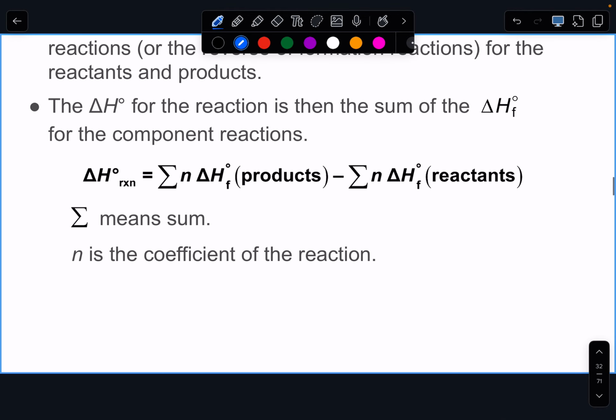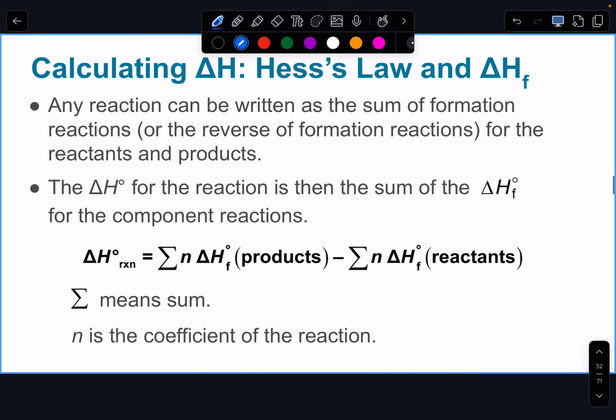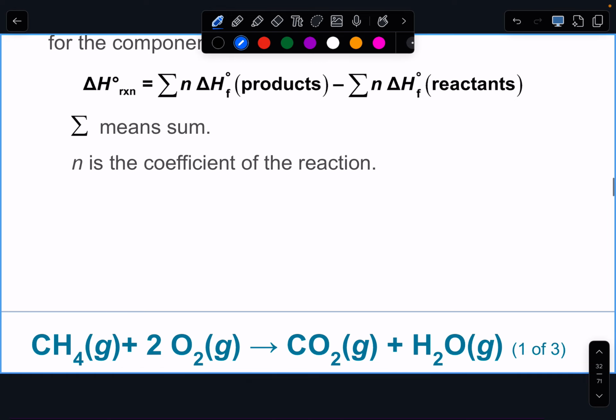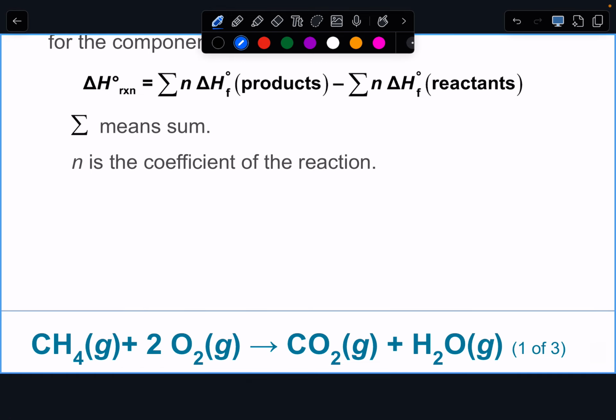Okay, so here's the equation. This is to find a delta H value for some reaction. So just like we did before, let's say this is our goal reaction. We're trying to find the delta H for this. And instead of having a bunch of equations that we have to manipulate, we are going to use the delta H of formation values.